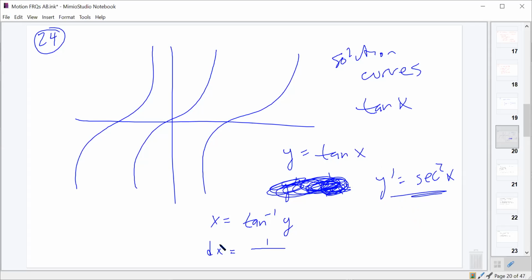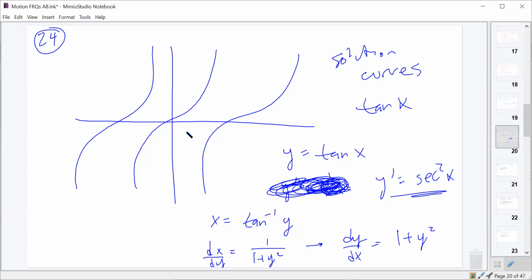So the way to get this is to get dx is 1 over 1 plus y squared by writing this in terms of x. So dx dy would be 1 over 1 plus y squared, which would tell us that dy dx, or y prime, would be 1 plus y squared.